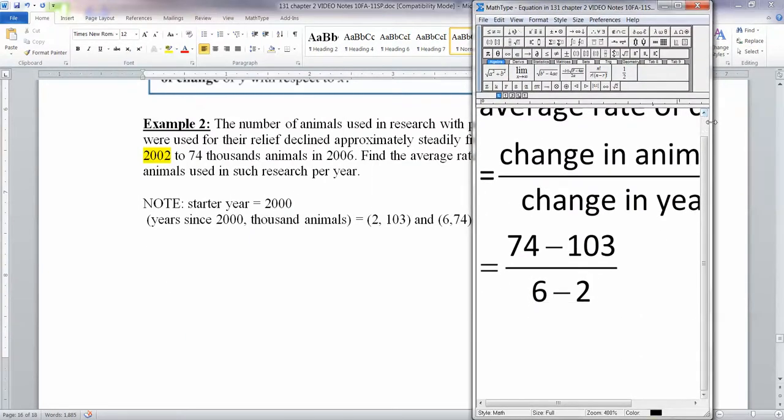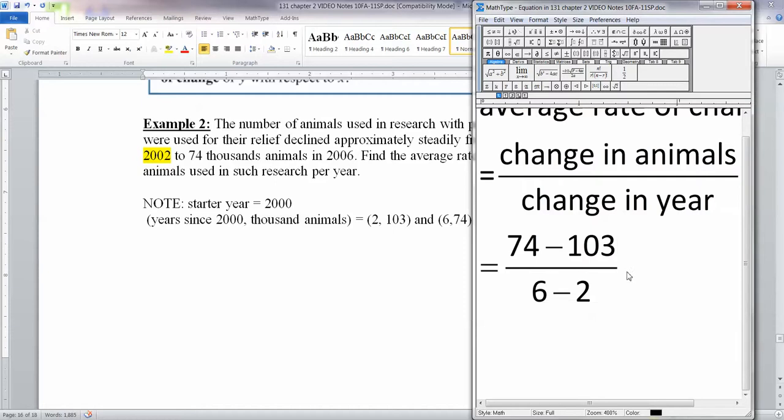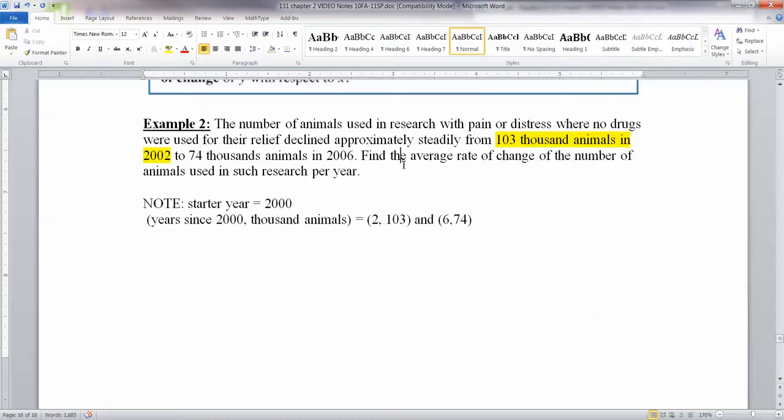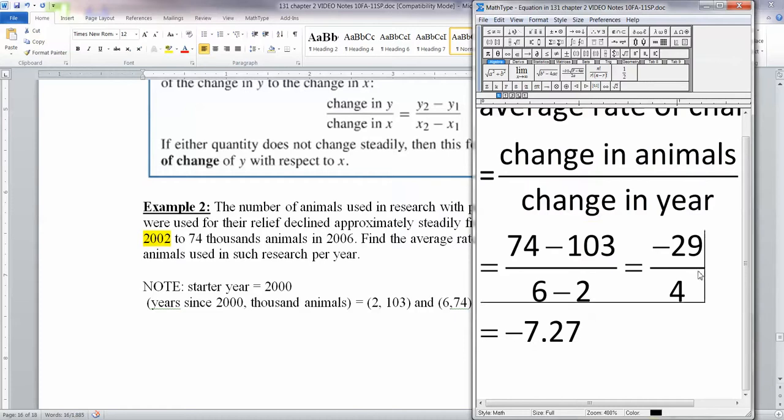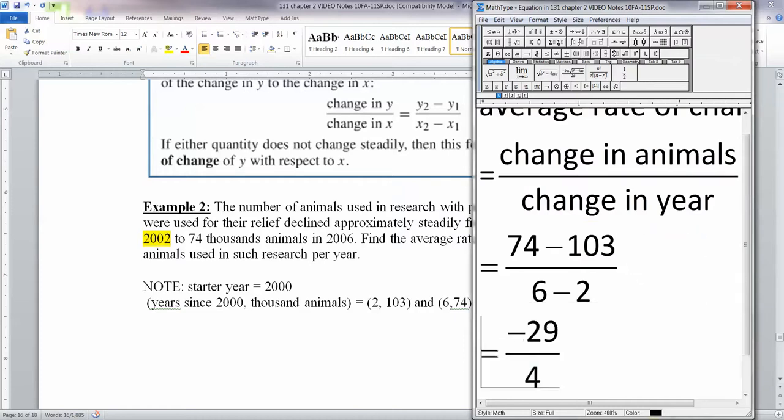Then we just have to find this. So this is negative 29 over 4, which if I use my calculator gets to negative 7.25. They wanted to know the average rate of change. They didn't specify whether they wanted it as a fraction or a decimal or a unit ratio.